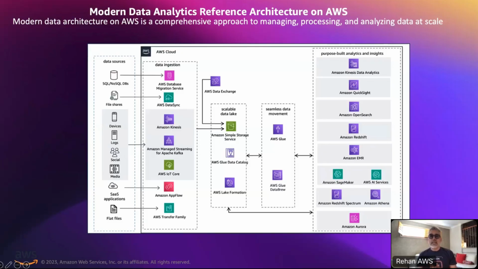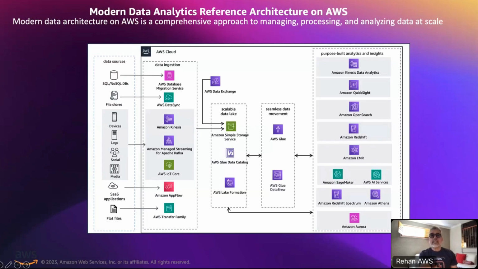Amazon EMR is your Hadoop cloud big data platform for processing vast amounts of data using open source tools. Next up is SageMaker and AI services, which can help you build, train, and deploy machine learning models and add intelligence to your applications. Redshift Spectrum and Athena enable interactive querying, analyzing, and cataloging of that data.